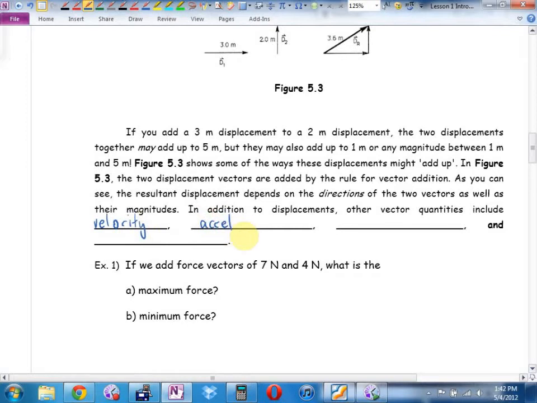Momentum. Force. Lots of them. Displacement, we already said. Torque, Physics 12. Magnetic field, electric field, those are all Physics 12, but they're all vectors.